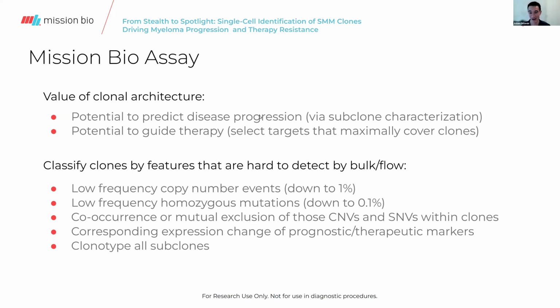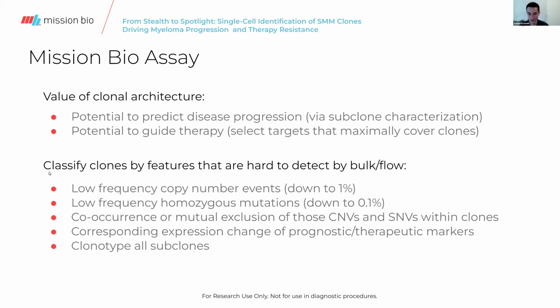There are many clones, and to understand how the disease progresses, you need to understand those clones. And then also there's the potential to guide therapy, because amongst those disparate clones, there will be different levels of therapeutic target, and maybe alternate pathogenic variants that will cause those clones to expand.